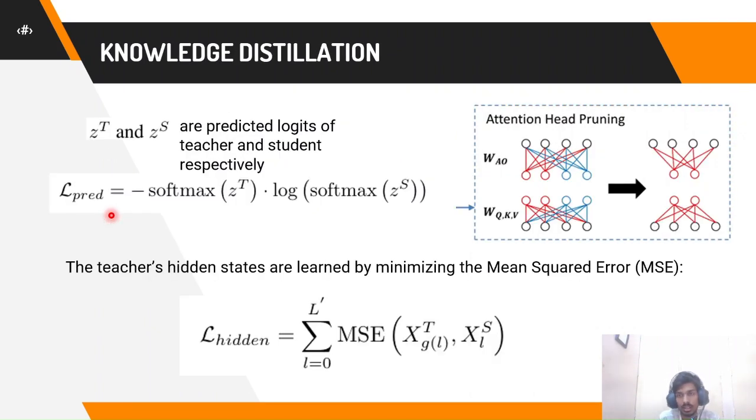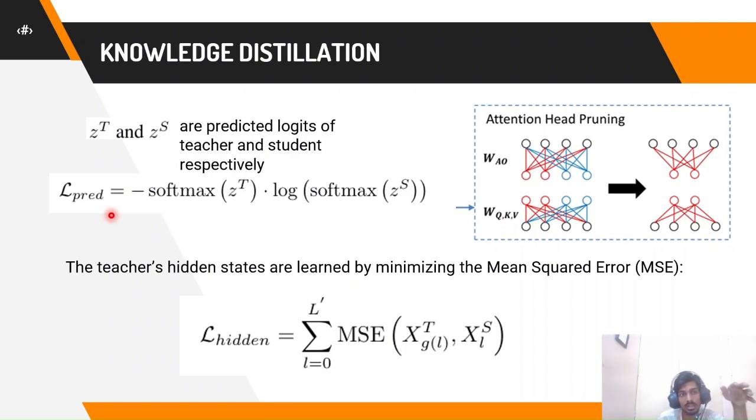Now the last technique that we are going to integrate for compression is knowledge distillation. What we are doing in this knowledge distillation is that first we are going to see the predicted loss, where ZT and ZS are the predicted logits of teacher and student respectively, and the predicted loss is the negation of the softmax of the predicted logit of the teacher multiplied with the log of the softmax of the predicted logit of the student.